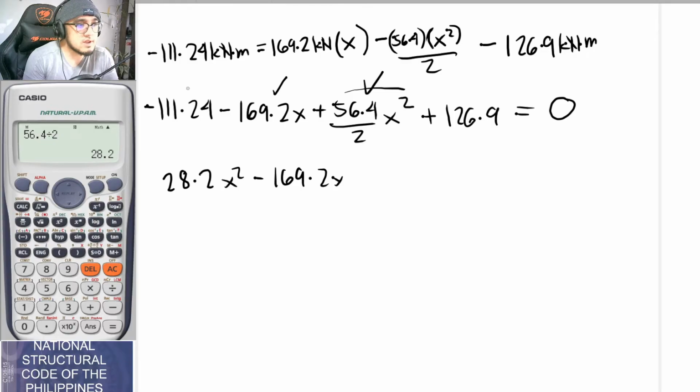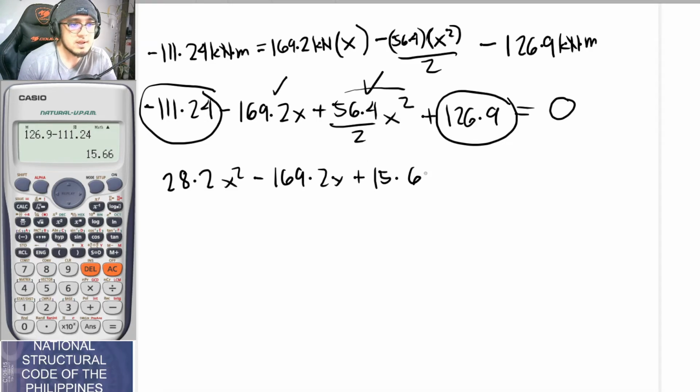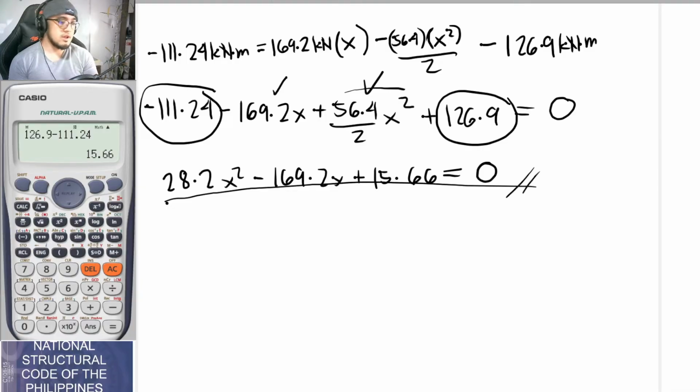And as for this, I can actually combine both of these terms. So 126.9 minus 111.24 is positive 15.66, equal to 0.